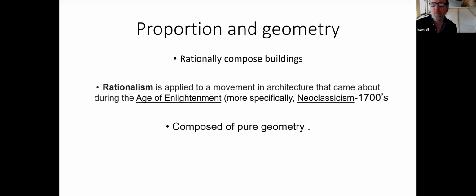We just talked about Baroque architecture earlier, how the geometry was morphed. But for the most part, the rationalism in rationally composing buildings is using pure geometry as a rebellion against Baroque and Rococo styles. So this is roughly after Baroque and Rococo, roughly the start of the 1700s, and there are several different architects we're going to look at.